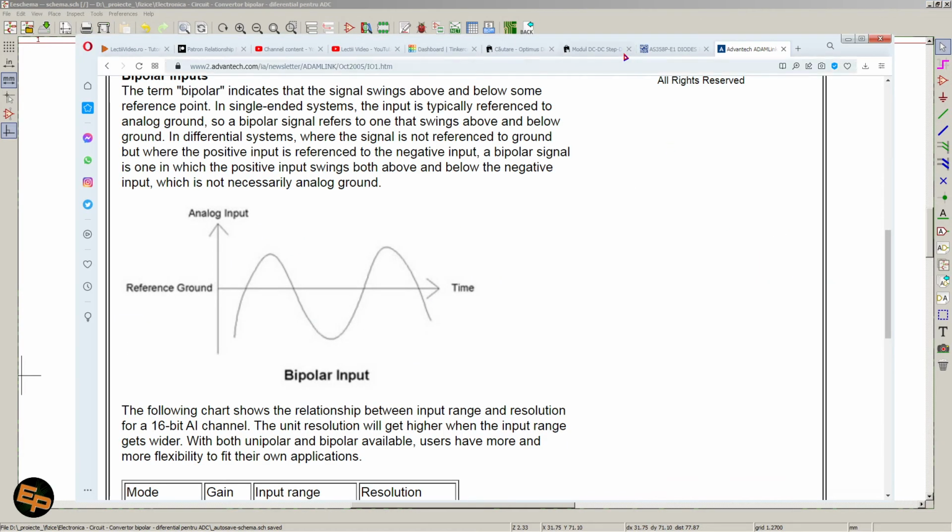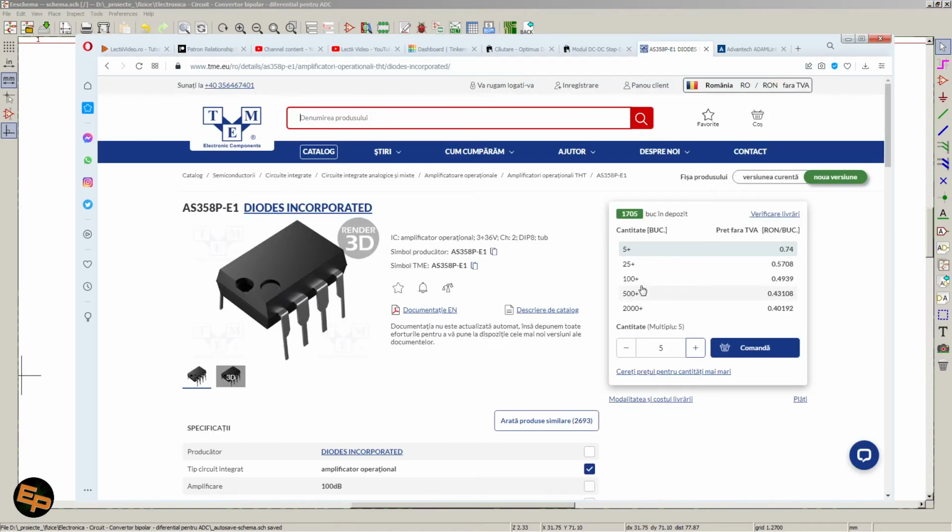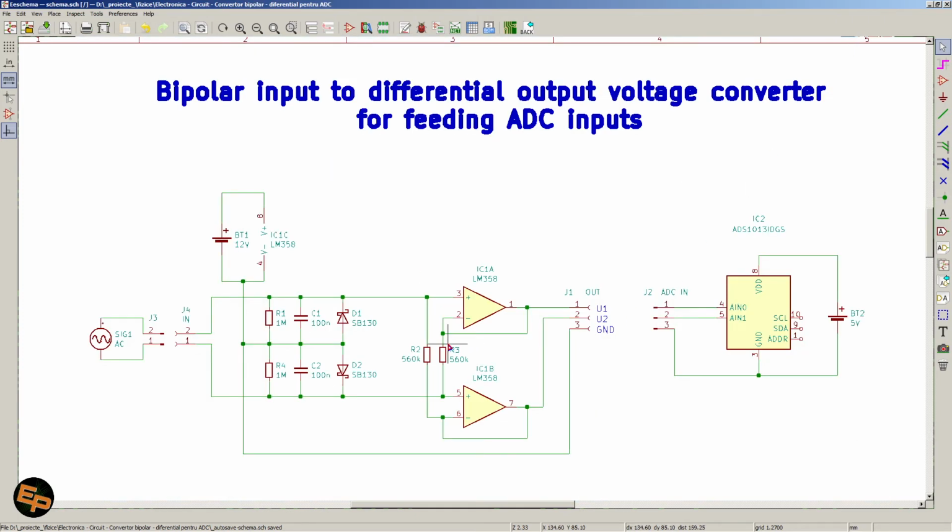Okay, if we buy 100 of these, at least from this distributor, they are about 10 cents a piece or something like that. So they are a double op amp integrated circuits. Okay, so we have two in a package, which is great because we need two for this circuit to work.